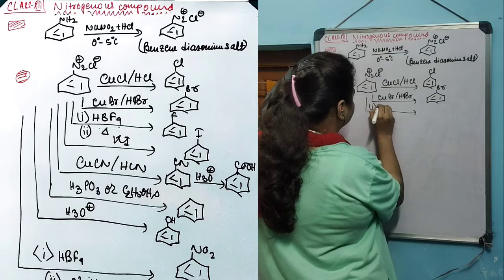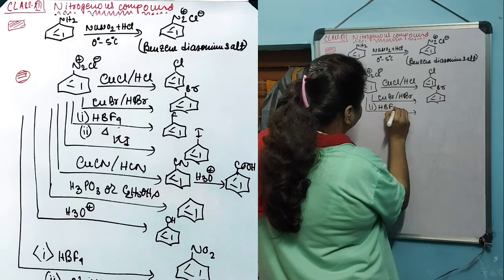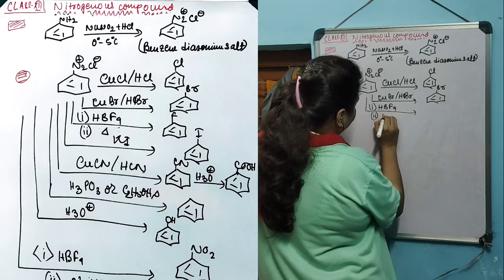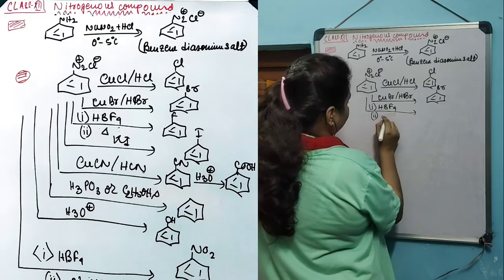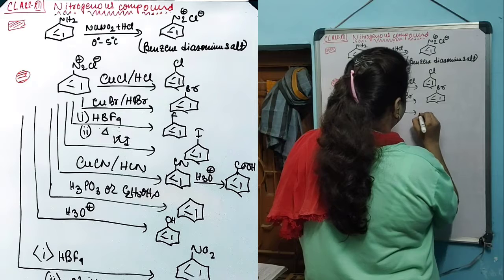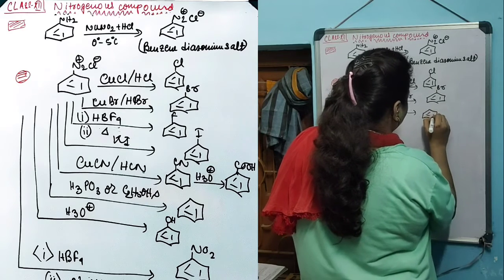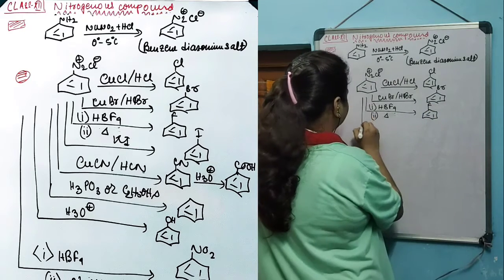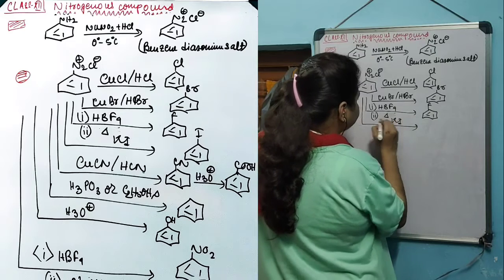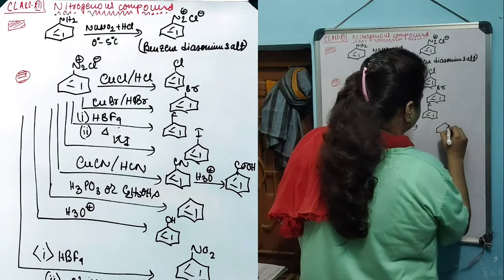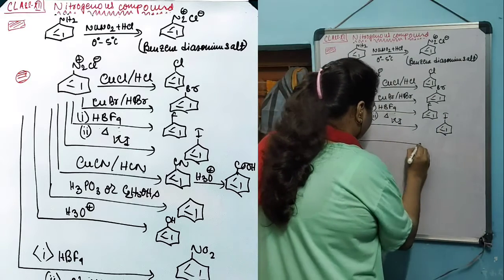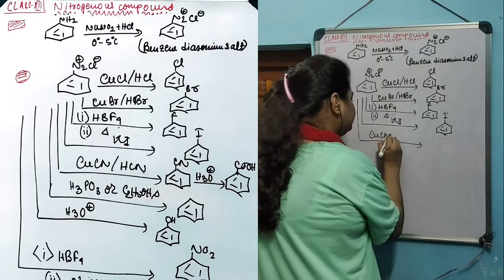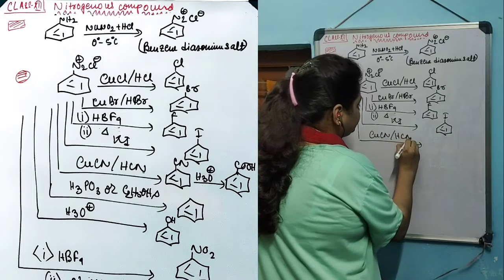When treated with HBF4, followed by heating, fluorobenzene is formed. When KI is treated with this benzene diazonium salt, iodobenzene is formed.